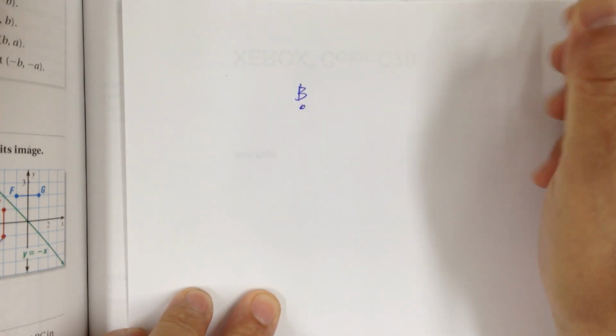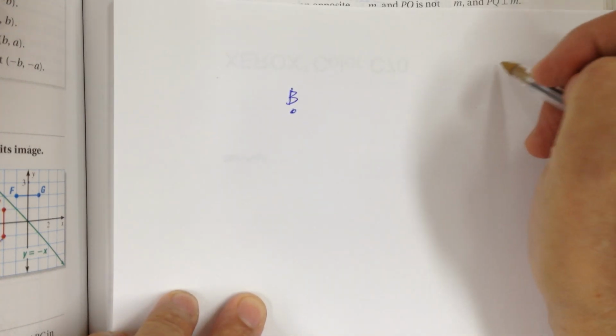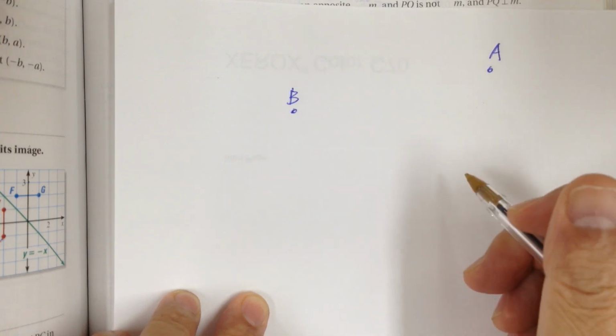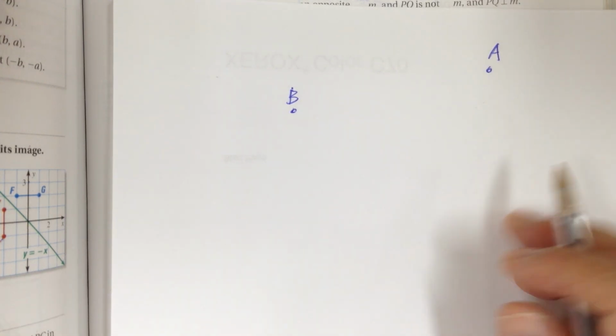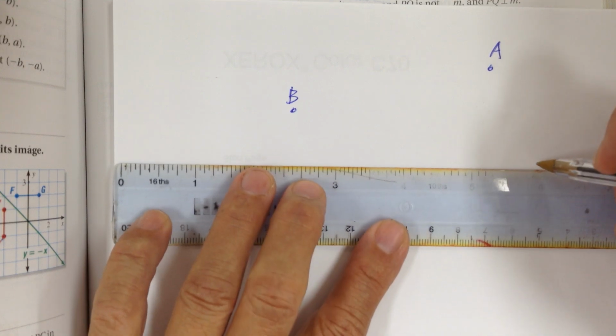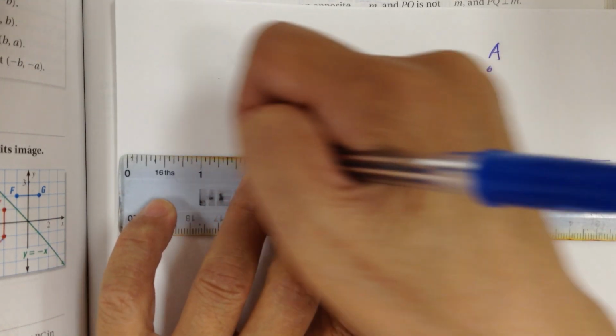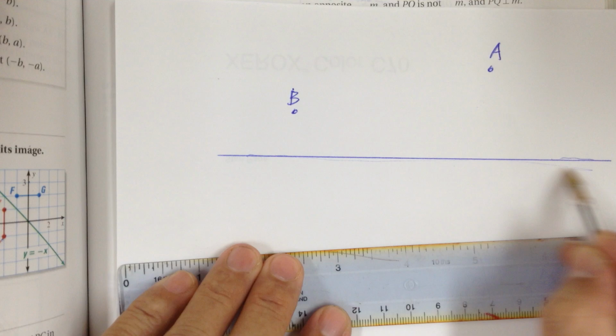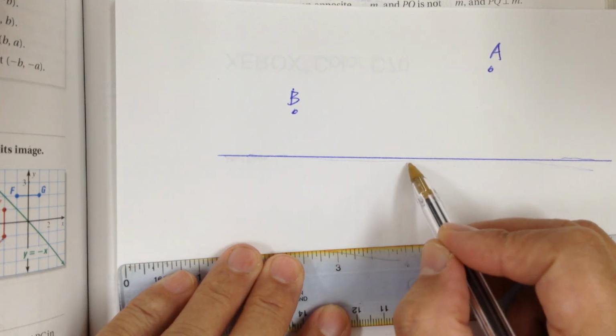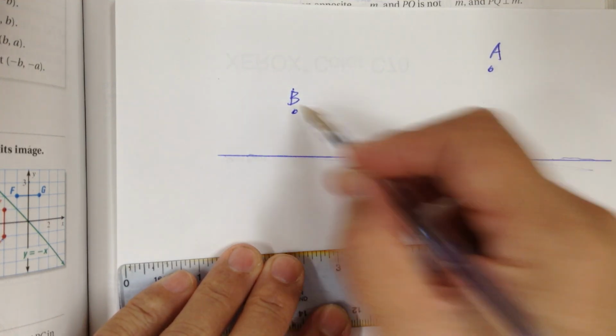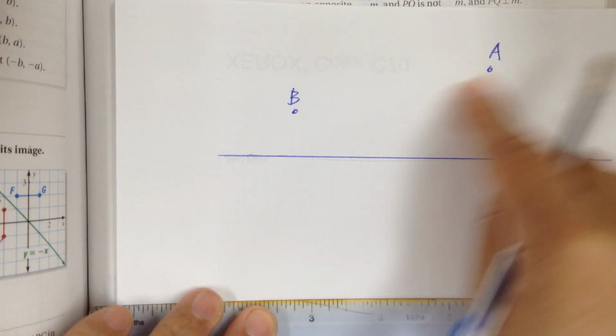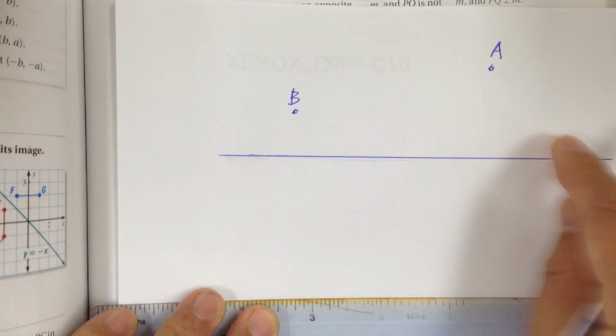So it's B. So here's one store, and here's another store. And here's all the parkings. So where can you park so that it's a shorter distance to the 2 stores? So here's your store A, here's your store B. So where can you park?